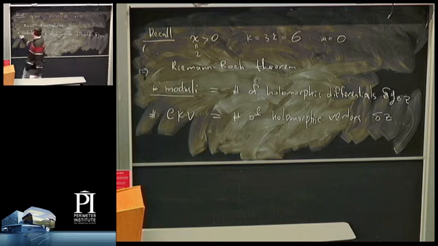So the Riemann-Roch theorem tells us that this will correspond to how many moduli I have, and the number of conformal Killing vectors corresponds to the number of holomorphic vectors, delta Z.